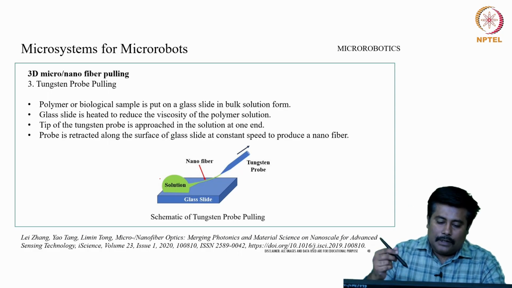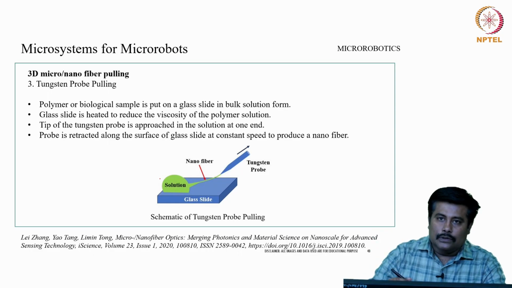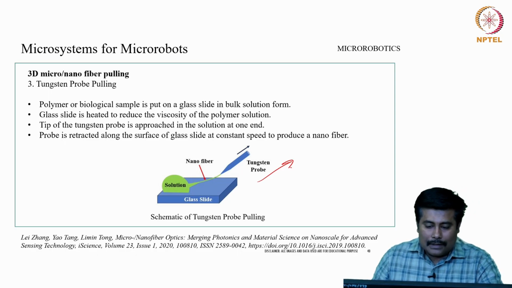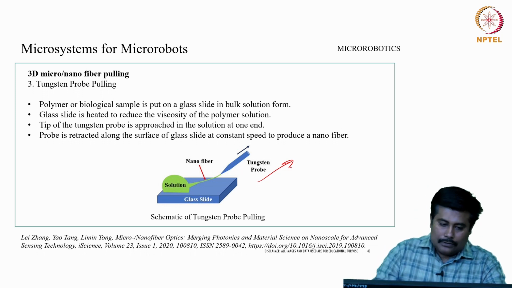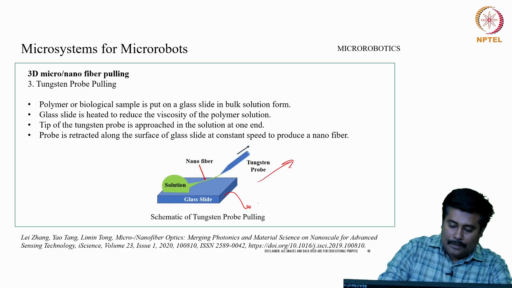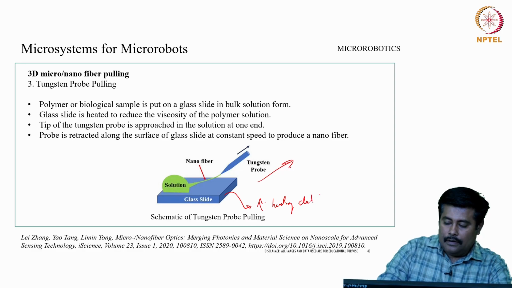The tip of the tungsten probe is approached into the solution at one end, and the probe is retracted along the surface of the glass slide at a constant speed to produce a nanofiber. If you closely observe the schematic, we have a glass slide and a provision for heating the slide to control the viscosity.